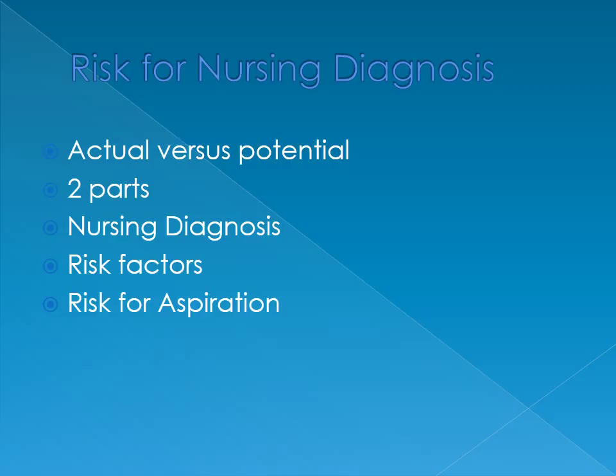So I would list everything that would be appropriate to my patient. Risk for aspiration is a good one to look at, but there's a lot of other ones that we can do risk for, and you need to list what are the risk factors that you think could make this move from a potential problem to an actual problem.